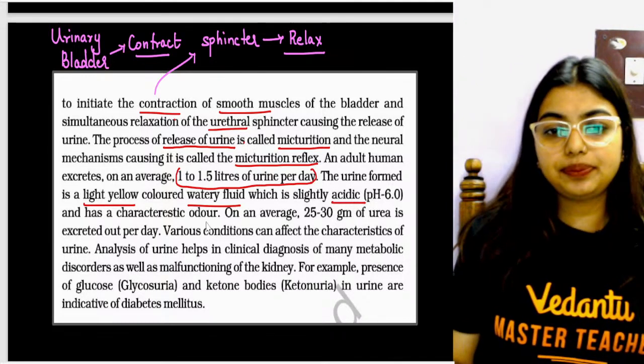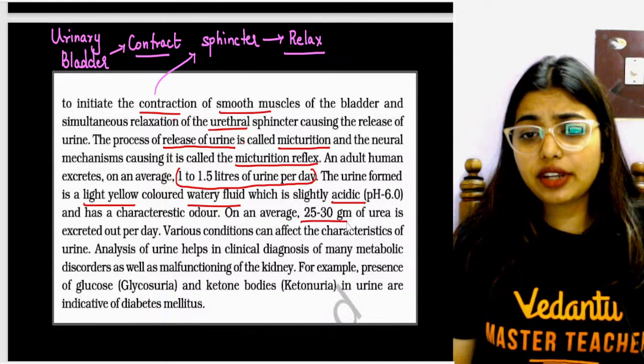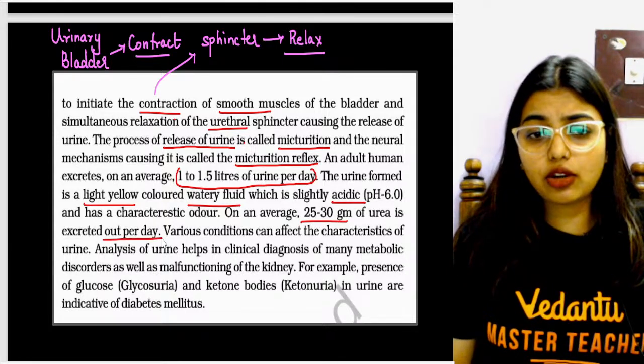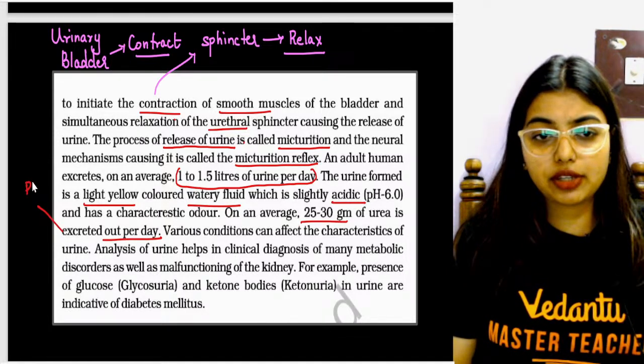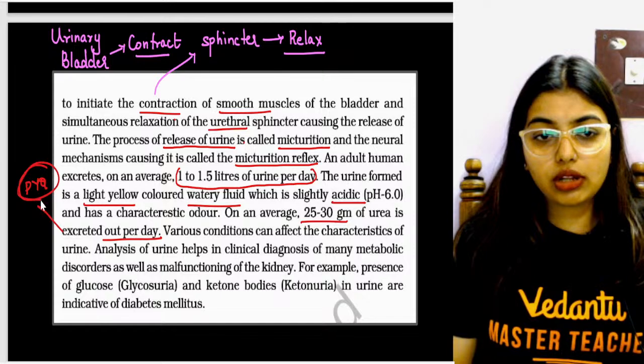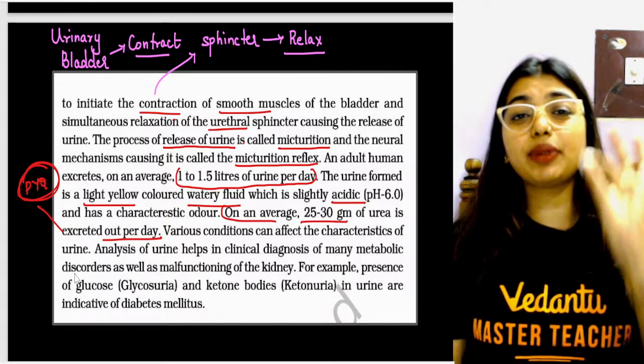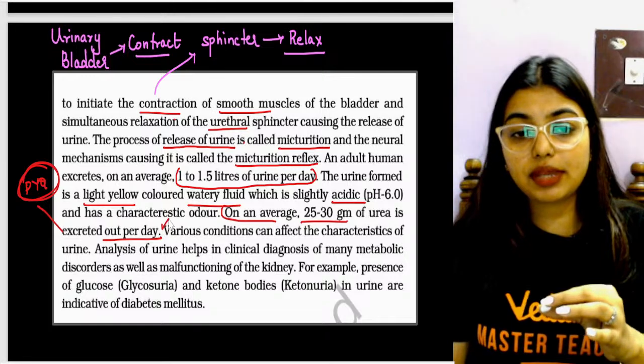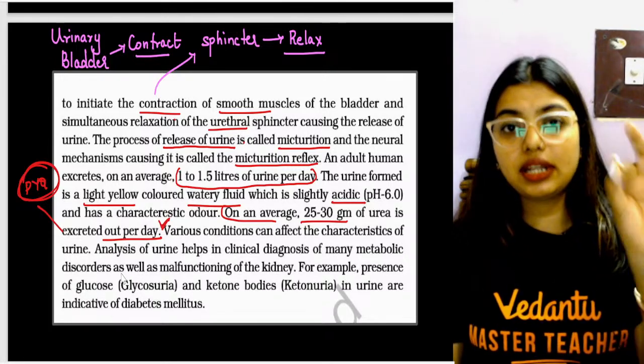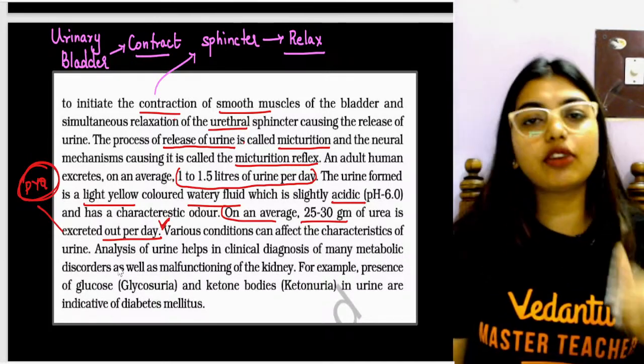On an average, 25 to 30 grams of urea is excreted out per day. Students, this is an important PYQ. Make a note, those who are going to write the NEET exam. On an average, 25 to 30 grams of urea will be excreted per day. They can ask you for per minute, so you have to do the maths.